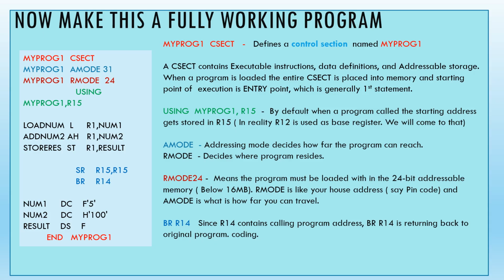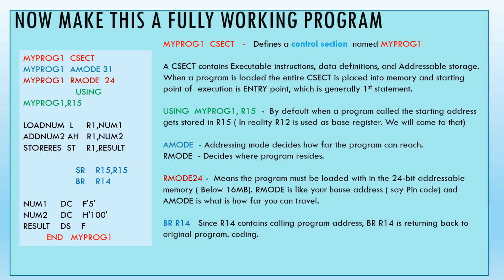But over a period of time, the memory has moved from 24-bit to 32-bit. But your program is designed in such a way that it can still remain within the 16 MB or within the 24-bit memory only. Its instructions are like this, you can load it there. But I want to access something outside this 24-bit. That is why this new thing came, which is called A mode. A mode is addressable mode.